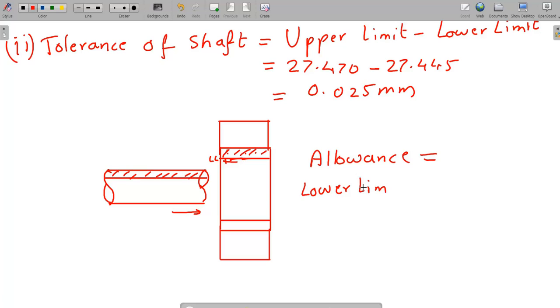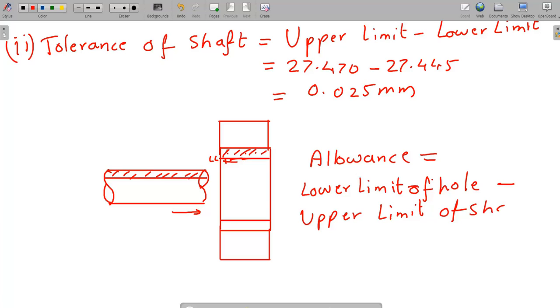Allowance, if it is very less, suppose allowance is negative, okay, that time it will be interference, a tight fit. So lower limit of hole minus upper limit of shaft.